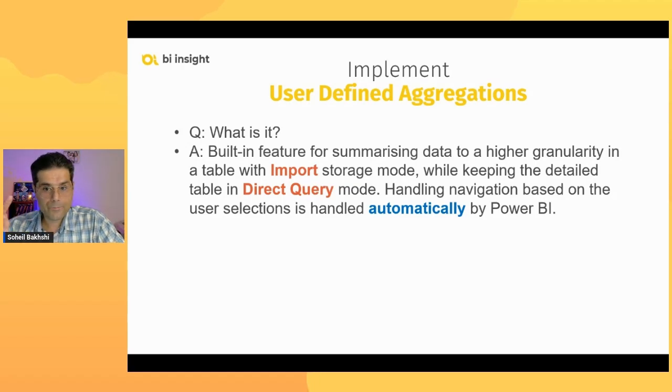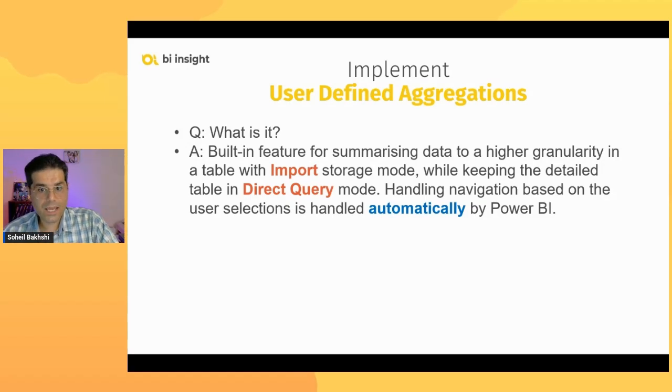So my fellow that asked a question about semantic models, do we import the data or do we just query the data? And I mentioned both are available. This is the answer to your question, right?